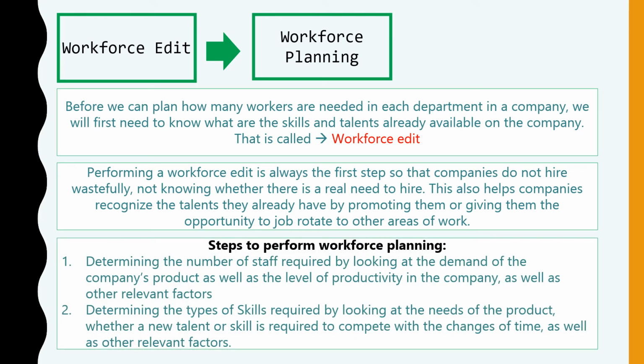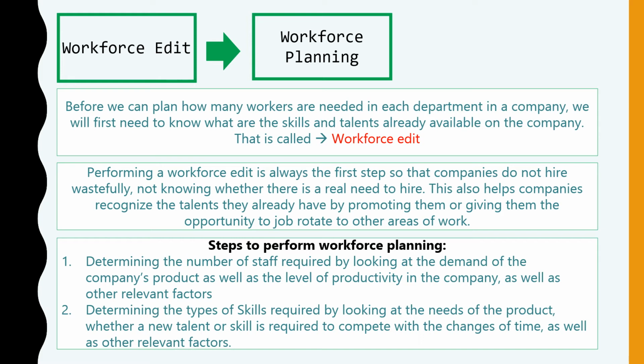So the steps to perform workforce planning: determining the number of staff required. And how do they do that? They look not only at the skills available and what they need, but also at the company's products, and how people are working, how productive they are, and other relevant factors. They may also look at competition.